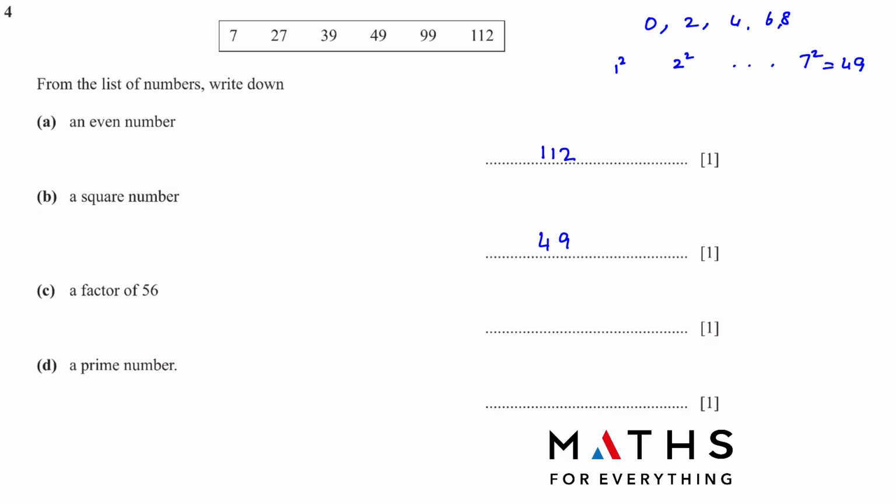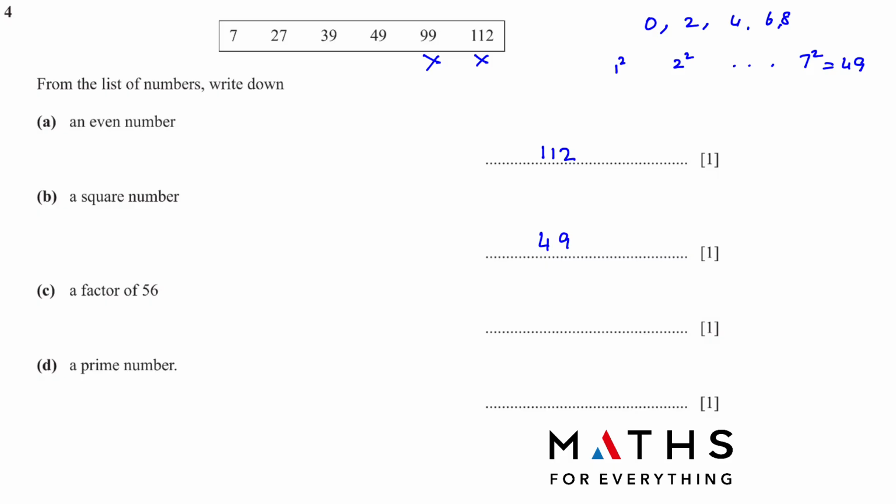A factor of 56. Factor means you multiply that number with another number to get 56. So how can we eliminate? 112 is a big number. That cannot be a factor. 99 is also bigger than 56. That cannot be a factor.